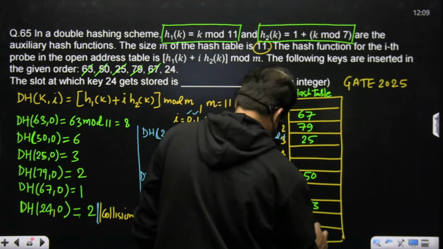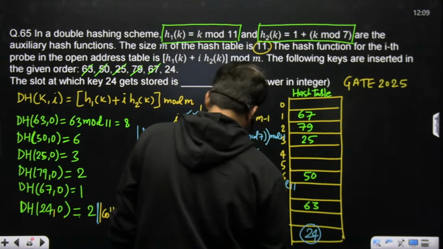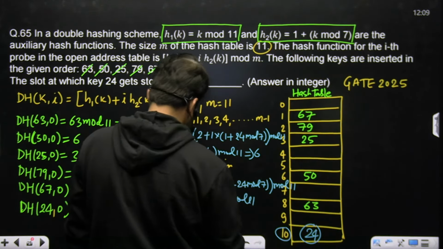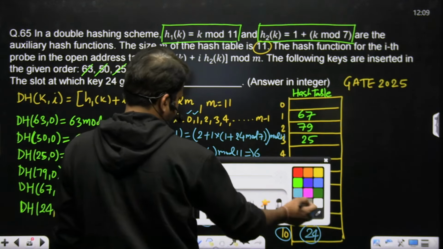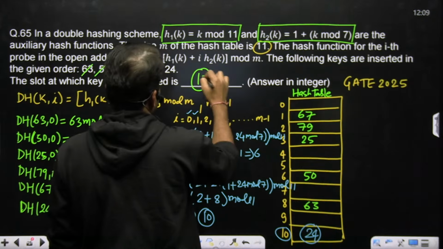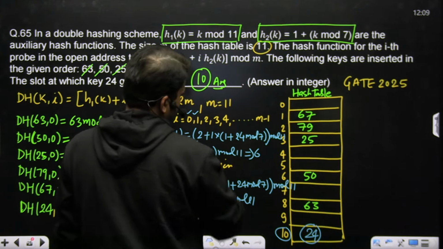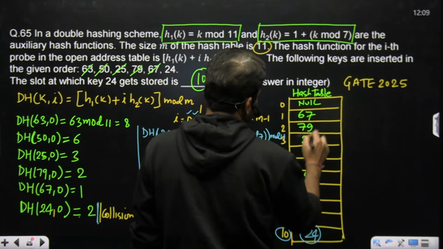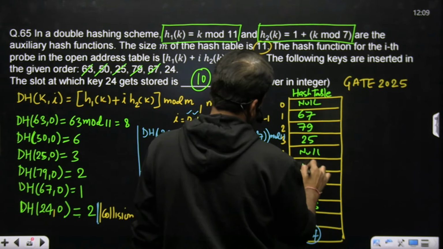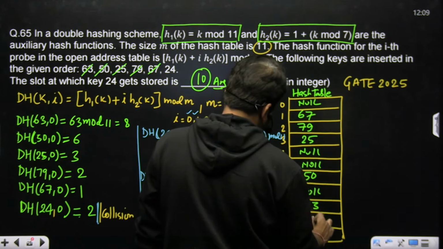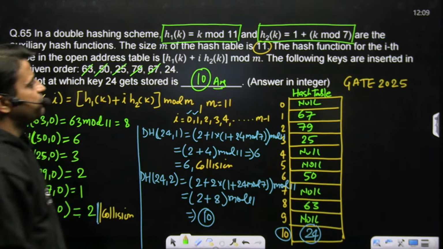So 24 is stored at this position, right? So what is the hash index of 24 बच्चे? So answer is what sir? 10। So 10 is the answer for this। Rest of all entries क्या होंगे बच्चे? सर null। So in this way you can fill entry. So right answer is 10. All right.